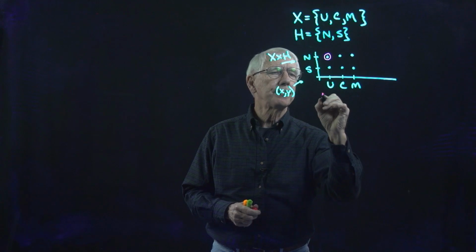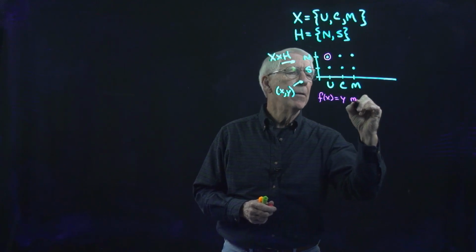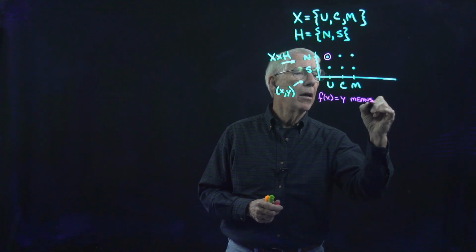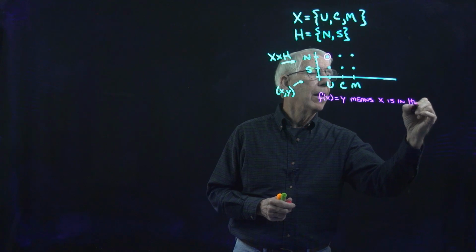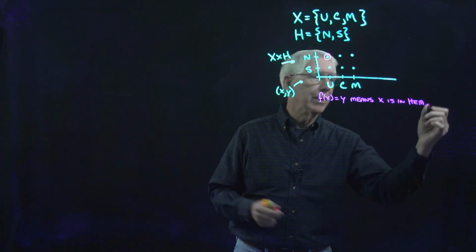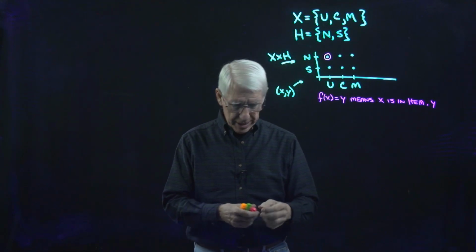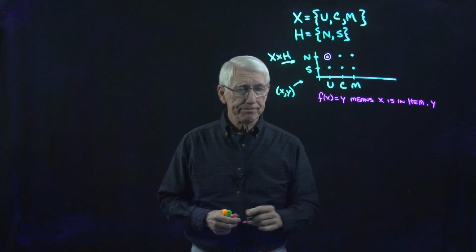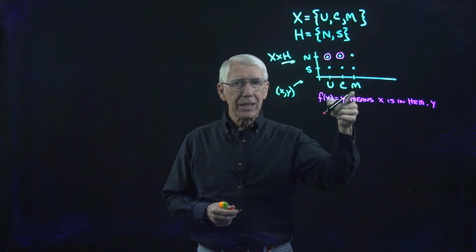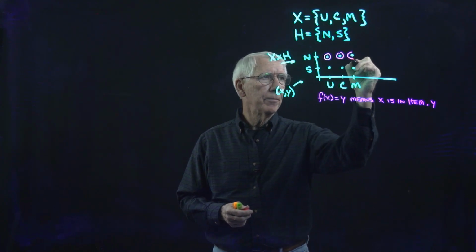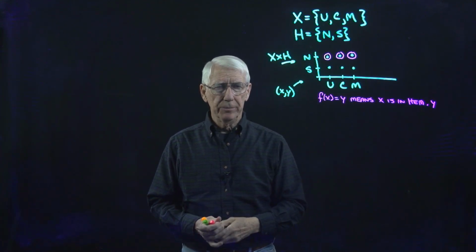Let's say f of x equals y means x is in hemisphere y. And so here, China is in the Northern Hemisphere. Mexico is in the Northern Hemisphere. So this particular function is a constant function.